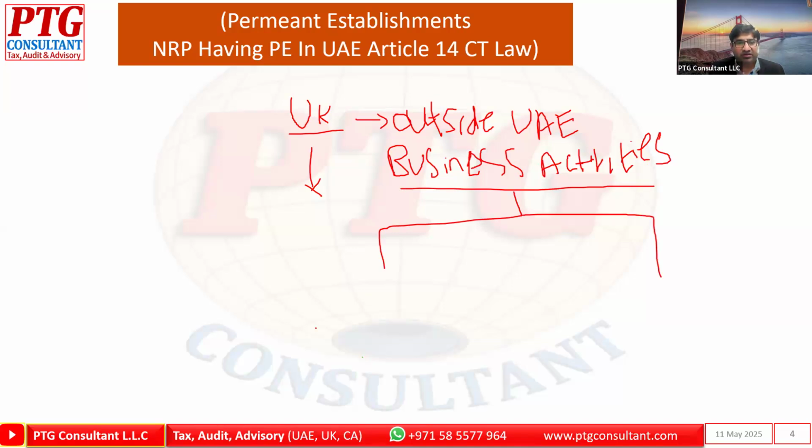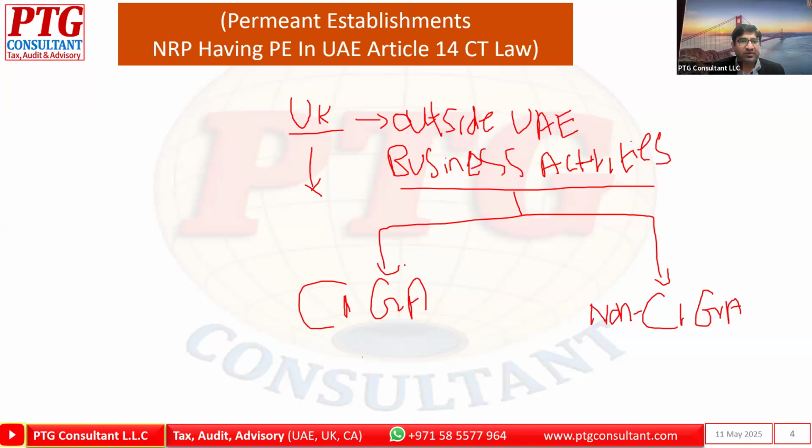One is the CIGA. I appreciate it if a participant lets me know what is meant by CIGA. And one is non-CIGA. I appreciate it if anybody wants to answer on that and participate in this conversation.